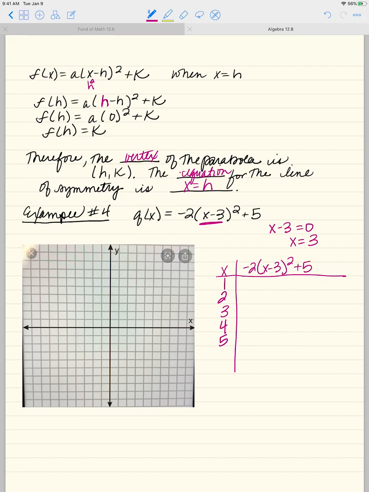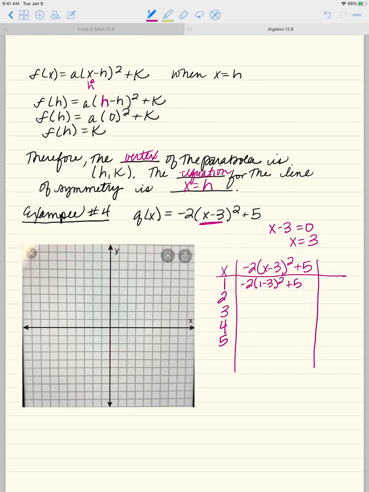We know that the x coordinate of the vertex is 3. We don't know the y coordinate yet. So I'm just going to start at the top with 1, okay? Plug in 1, and because this is a longer function, I'm going to write it all out. 1 minus 3 squared plus 5.